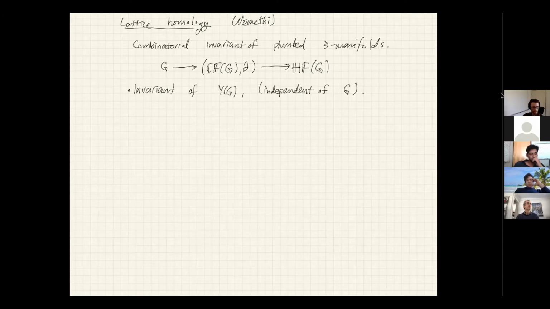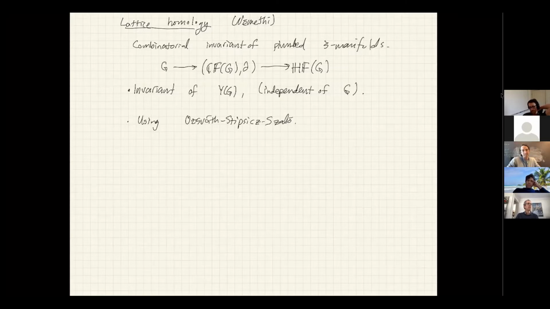I'll recall the definition just briefly so that people can get a sense of what this looks like. And I'm actually going to give an overview using the notation of another group, Ozsváth, Stipsicz, and Szabó. Are we assuming that the graph is negative definite? Right, so Némethi defined it requiring the graph to be negative definite, but the construction of Ozsváth, Stipsicz, and Szabó doesn't require that.